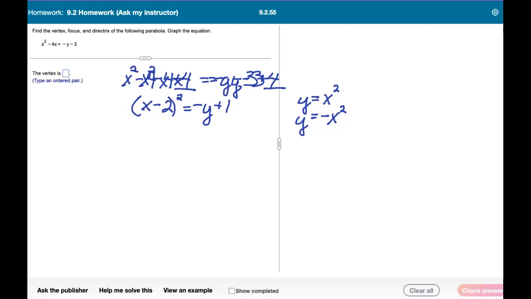Here, y equals x squared is going to open up because the coefficient in front of the x squared term is positive, whereas in this case, this parabola is going to open down.